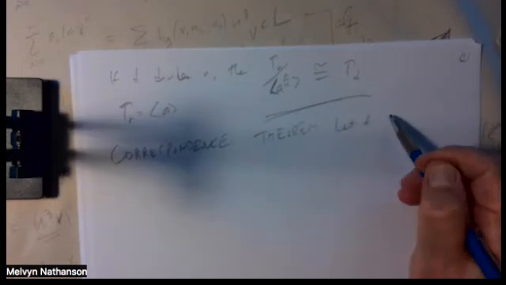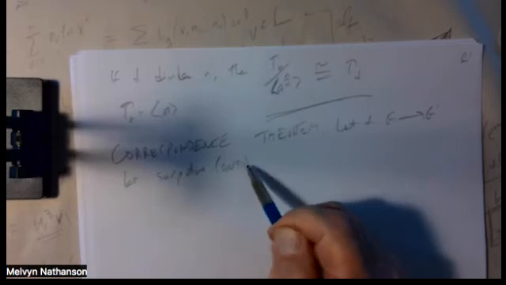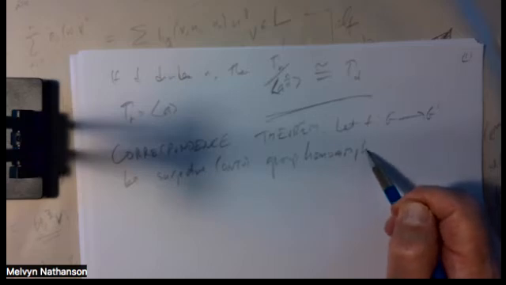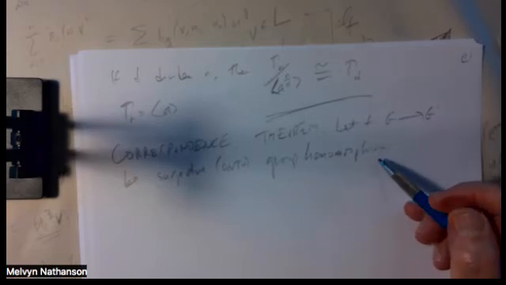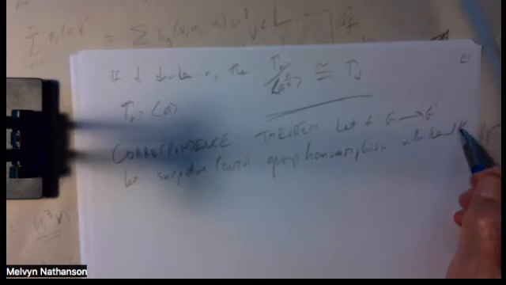And it says the following: let F from G to G prime be a surjective, which means onto, group homomorphism with kernel K.